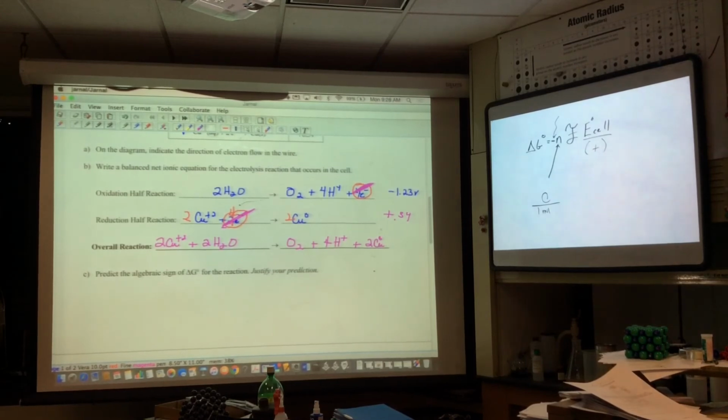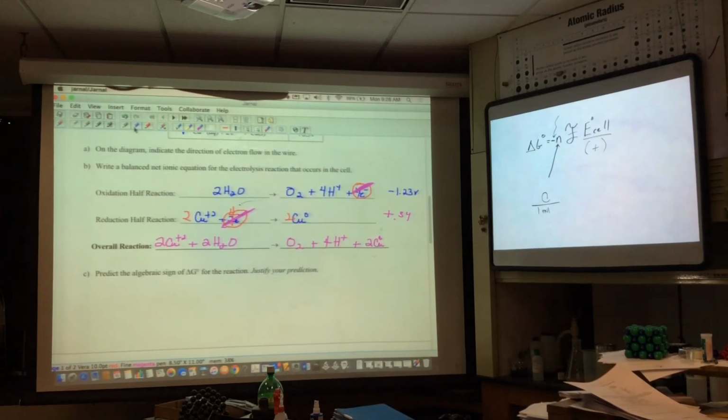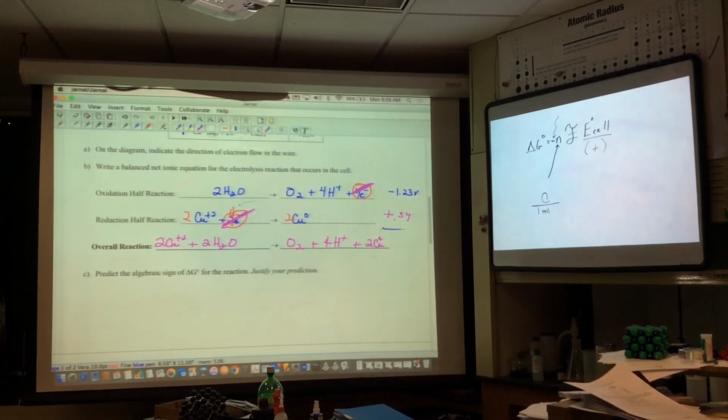All right, so predict the algebraic sign of delta G. Well, this is electrolytic. It's non-spontaneous, and if you don't see it, party people, look over here. What is this going to give me? A negative voltage. So because the E0 of cell is negative, it is non-spontaneous, which means delta G0 is positive.